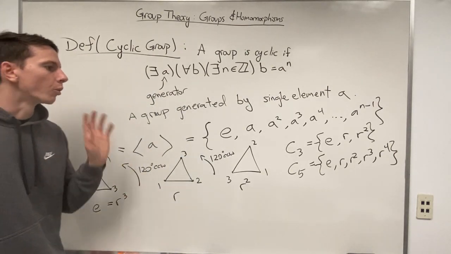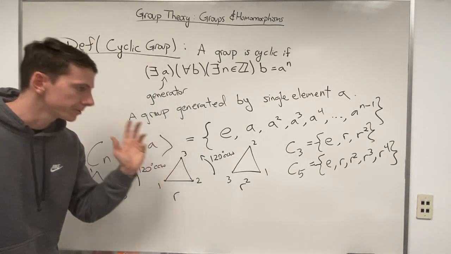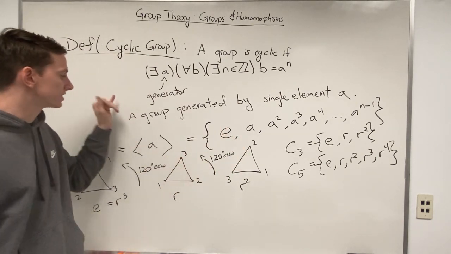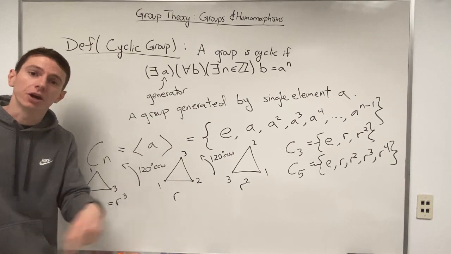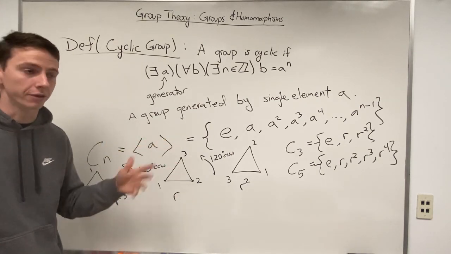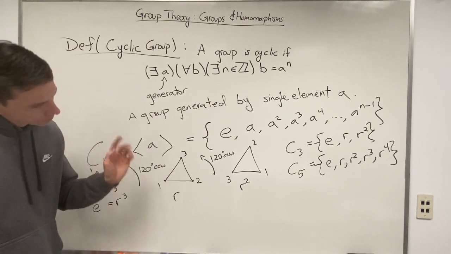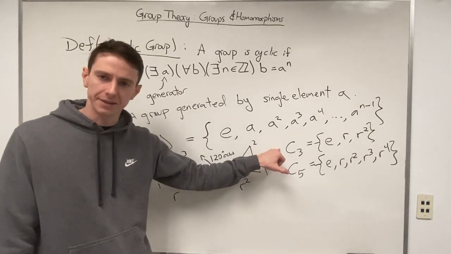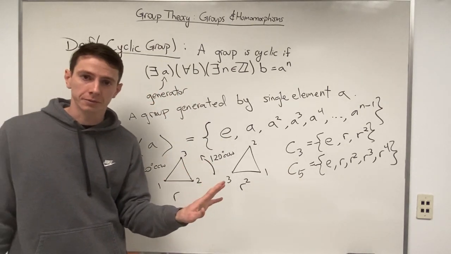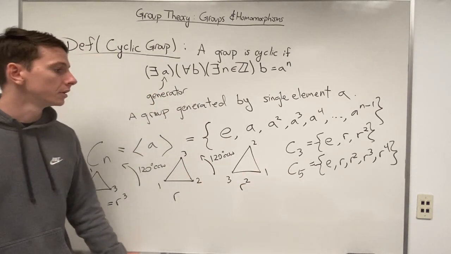What I want to make very clear, though, is that, in general, we can imagine C sub n as just the rotations of an n-sided polygon, or the rotational symmetries of an n-gon. But also, if we were to denote C3 like this, and to denote C5 like this, that would be perfectly acceptable to do.